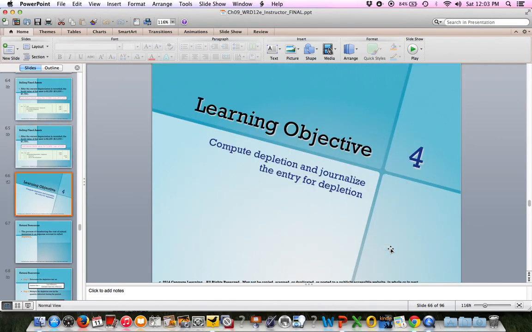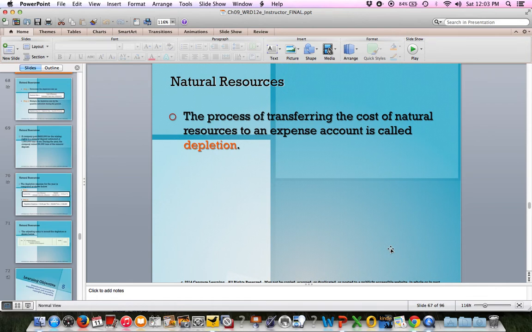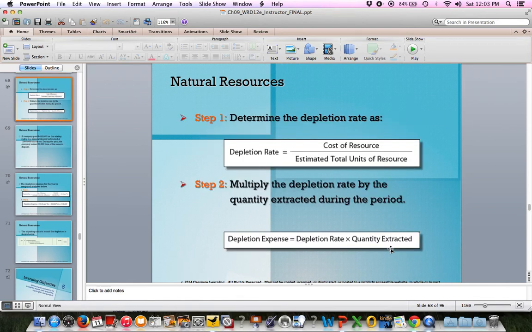Okay, next is depletion. It works very much the same way as depreciation, but it really belongs more to natural resources. So the transferring the cost of natural resources to expense is called depletion. First of all, you think of it as units of output.